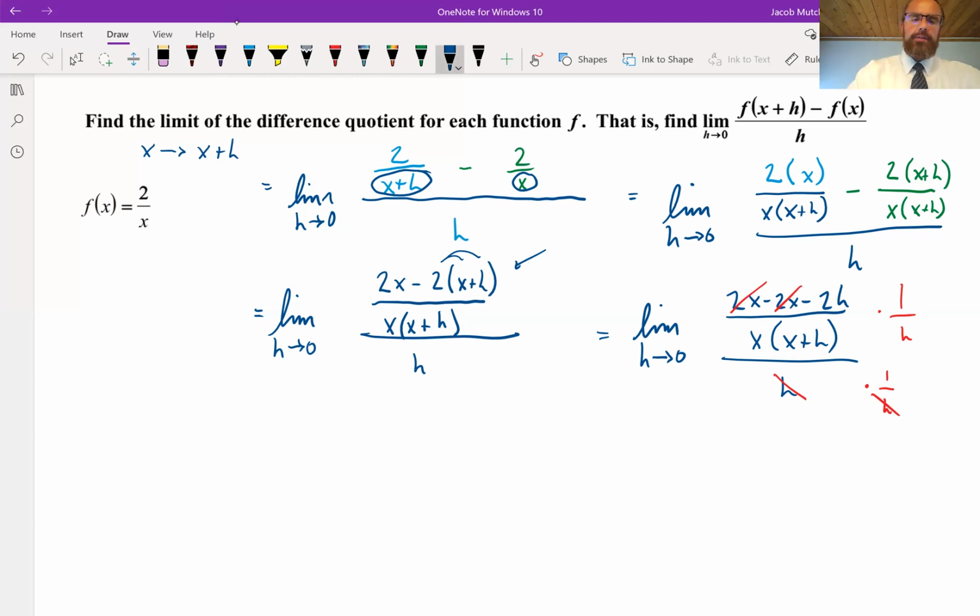So for my next expression, it's going to be the limit as h approaches 0 of negative 2h times 1, which is just negative 2h over x times x plus h.